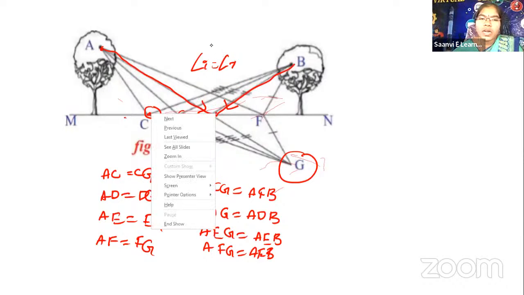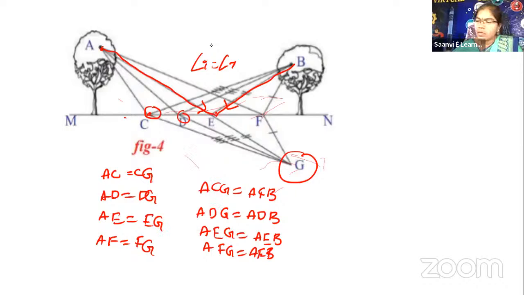If you draw one line perpendicular to the surface, this is the I and this is the R. These values are same. Near E, AE is equal to EB.